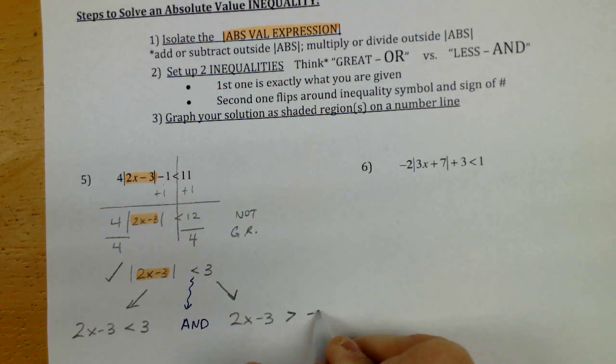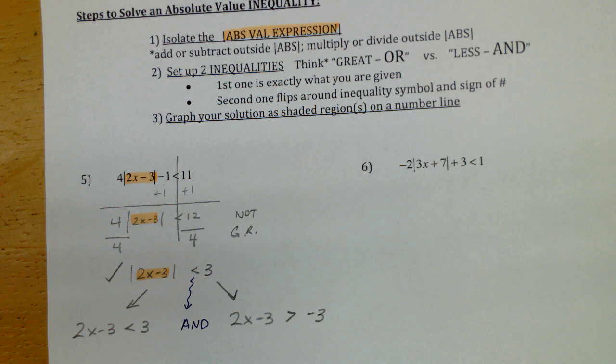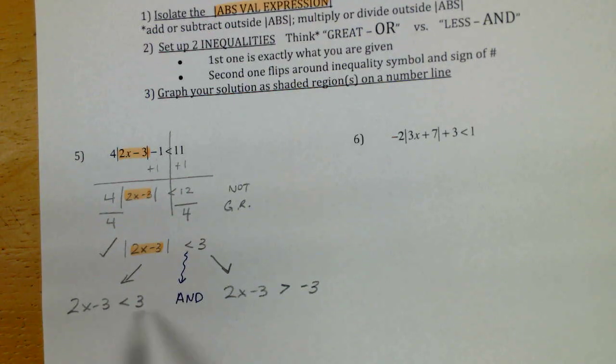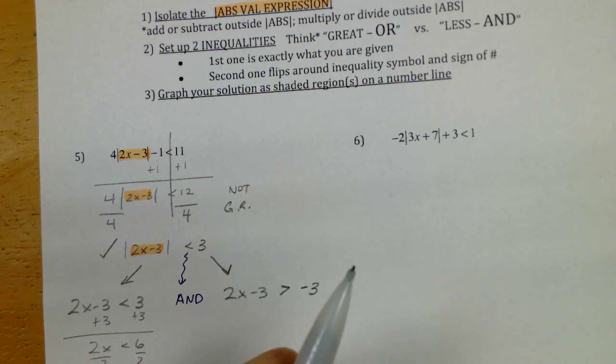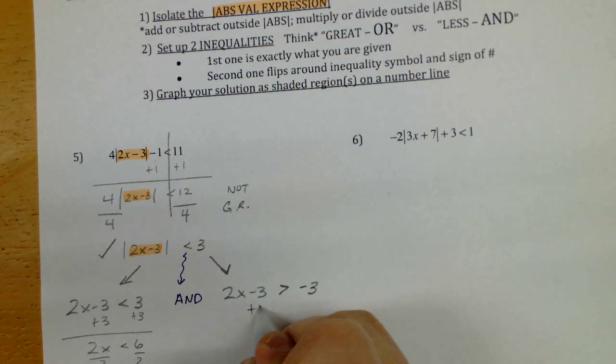Switch the symbol and the number sign. All right, add 3. All right, bring down the and, just because I want to make sure I don't forget that. Add 3.